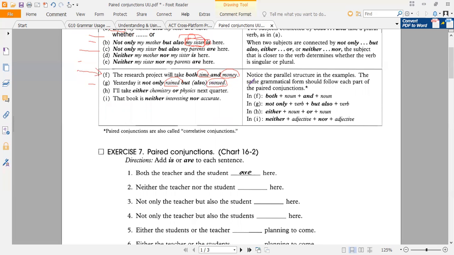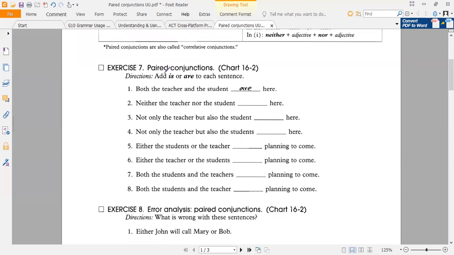So verb. H, I'll take either chemistry or physics. Noun. That book is neither interesting, this is an adjective, present participle working as an adjective, nor accurate, which is an adjective. All right?